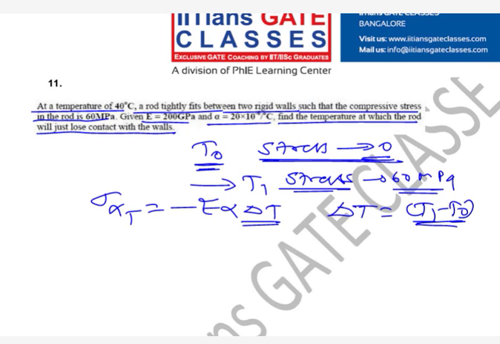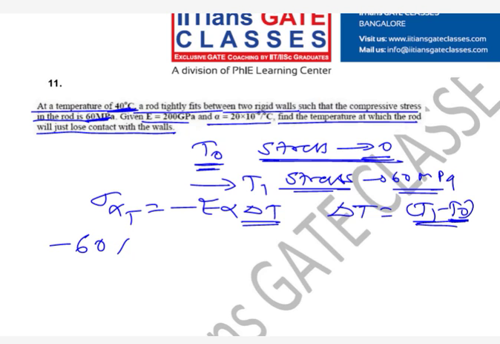What is given? At 40 degree temperature, your stress is 60 megapascal. So at T naught, it is 0. So find out T naught, guys, how you can find it? Minus 60 megapascal, right?